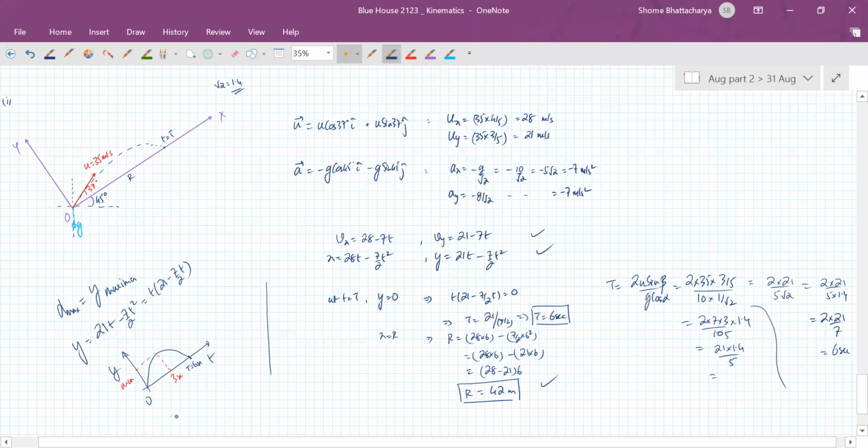So D maximum is the value of Y at T equal to 3 seconds. So this is what I'm getting D maximum is. Check the answer.